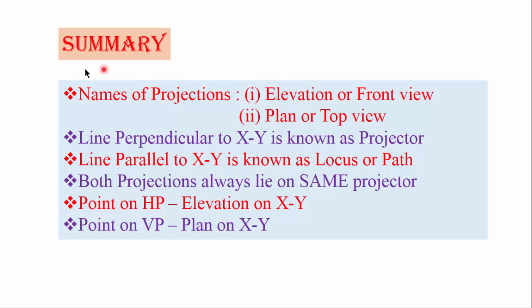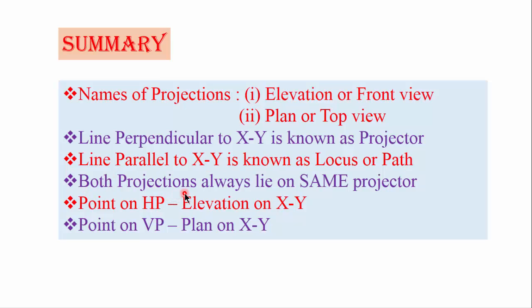Okay, and here is a summary for you. Remember, names of projections: elevation or front view, second plan or top view. Line perpendicular to XY line is known as projector, while line parallel to XY line is known as locus or path.